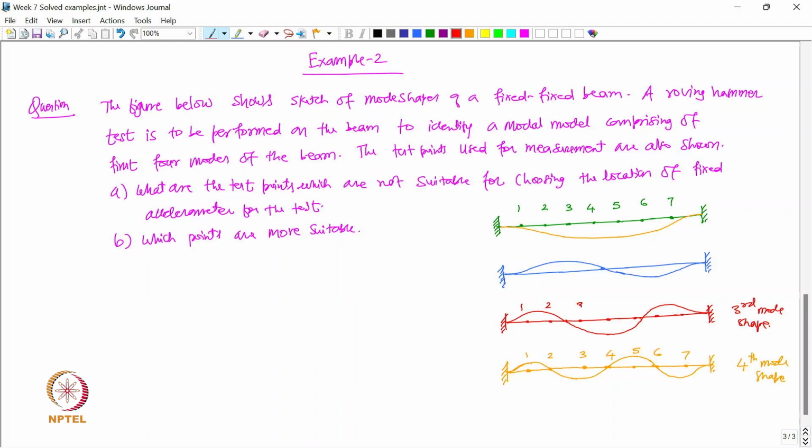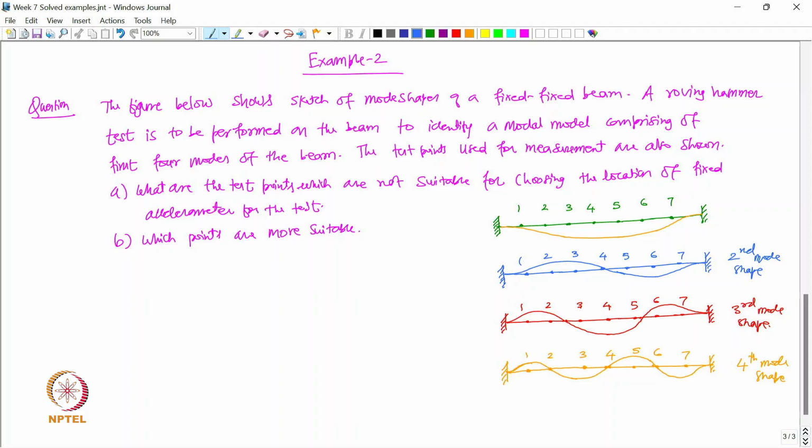And then I have the second mode shape here, right, and this is the point, and then 1, 2, 3, 4, 5, 6, 7.